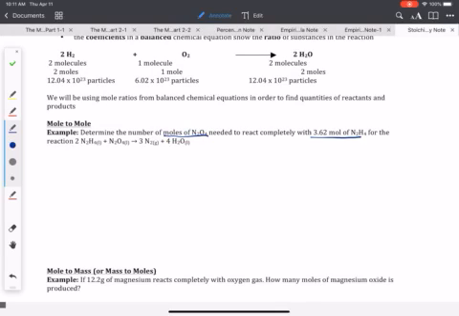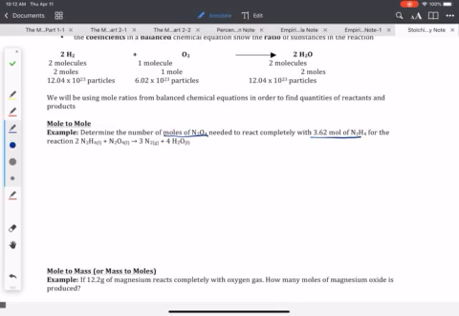In this question, it's nice because we've already got the balanced chemical equation. It's a good idea though, whenever you're given a reaction, to double check that it is properly balanced. So we have 3.62 moles of N2H4, and we want to know how many moles of N2O4 is going to react with that.